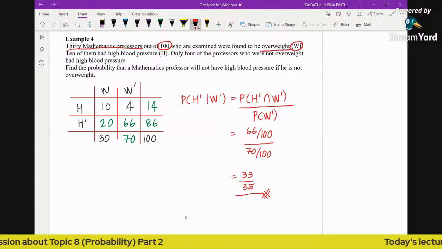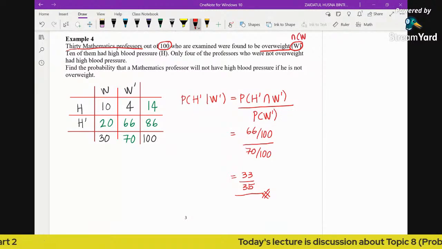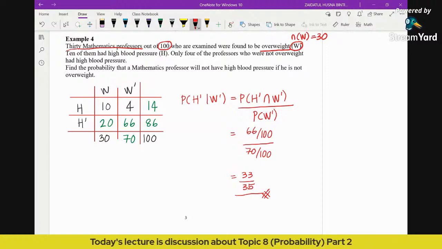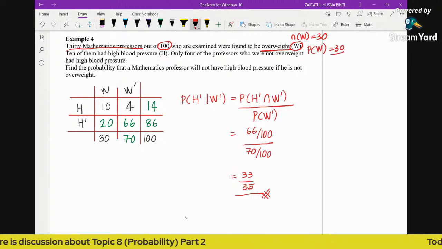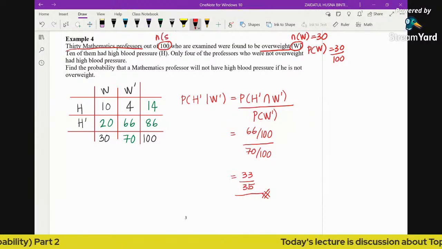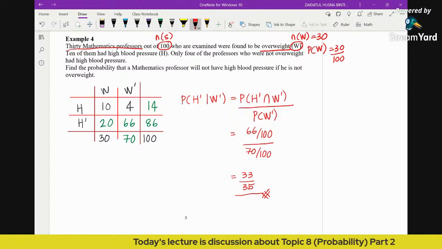We know that 30 out of 100, so N(W) is equal to 30, or the probability of W is equal to 30 over 100, because 100 is the number of sample space elements. So 30 out of 100 were found to be overweight.